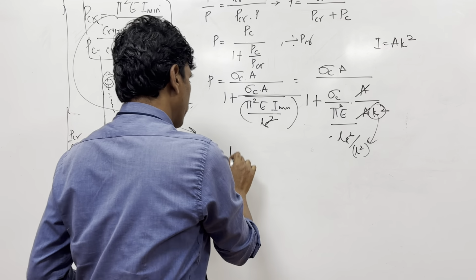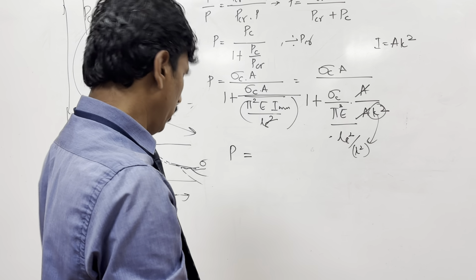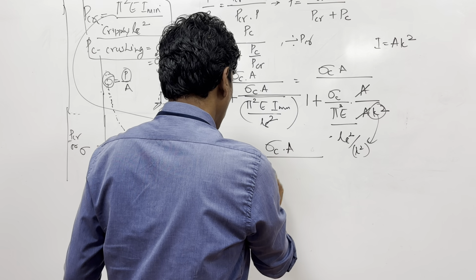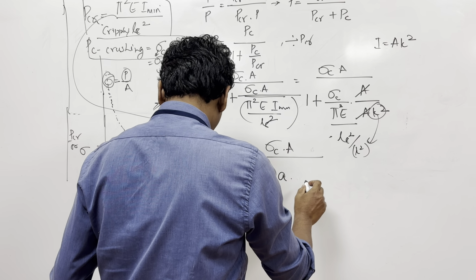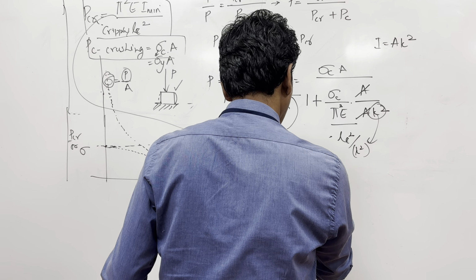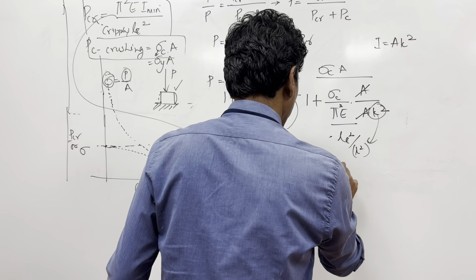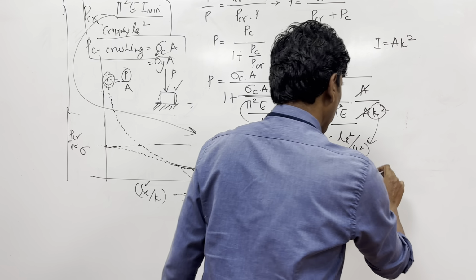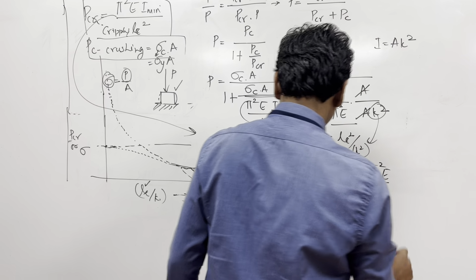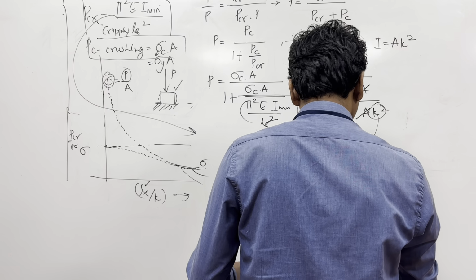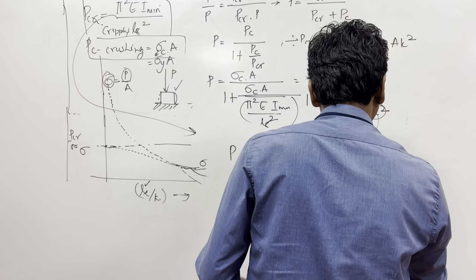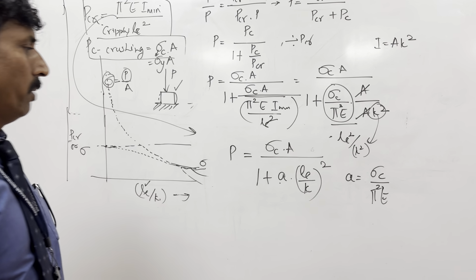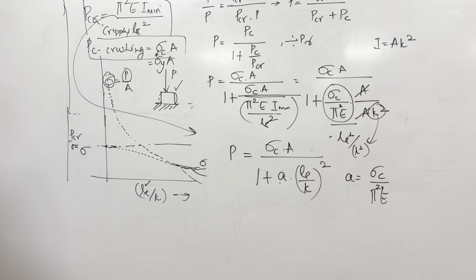So P, which is actually the Rankine-Gordon formula, can be written as sigma c into A divided by 1 plus A into LE by K square, where A is nothing but sigma c divided by pi square E. So this will be taken as A. So this will be given in the numerical usually.